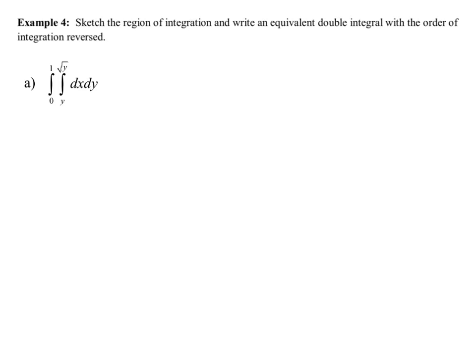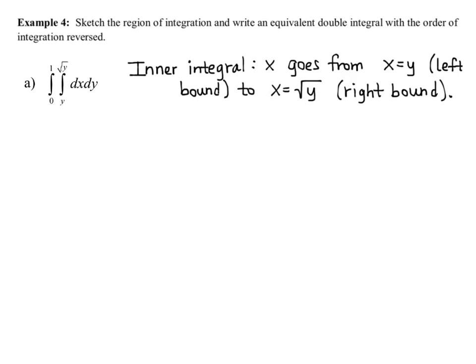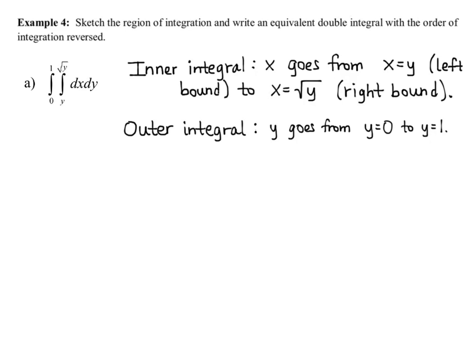Example 4 asks us to sketch the region of integration and write an equivalent double integral with the order of integration reversed. Part A gives us the double integral of dx dy with inner integral from x equals y, the left bound of the region, to x equals square root of y, the right bound of the region, and outer integral from y equals 0 to y equals 1.